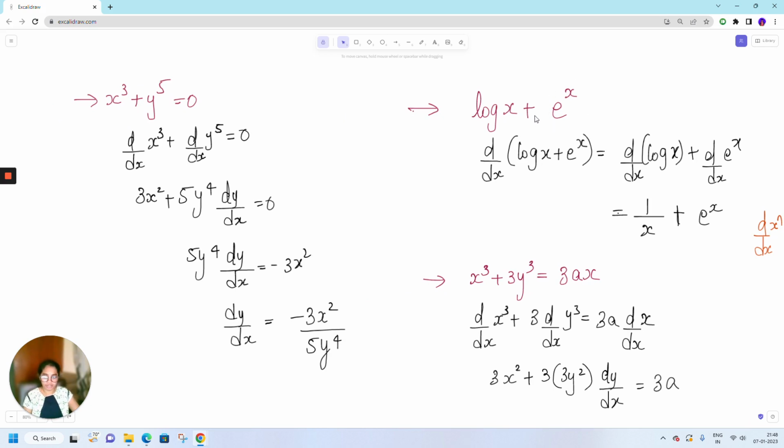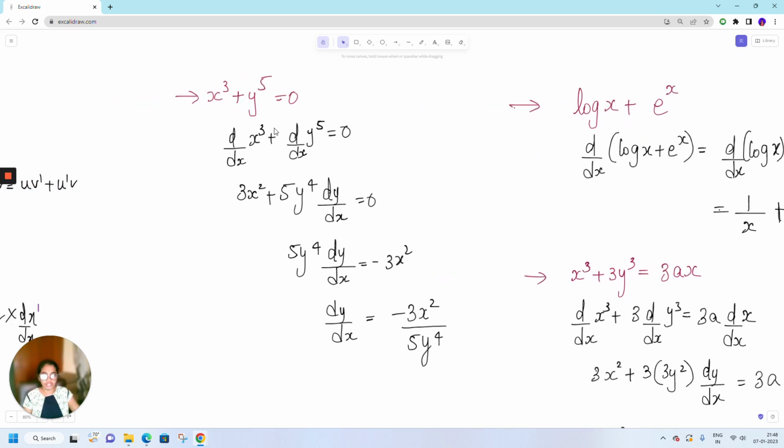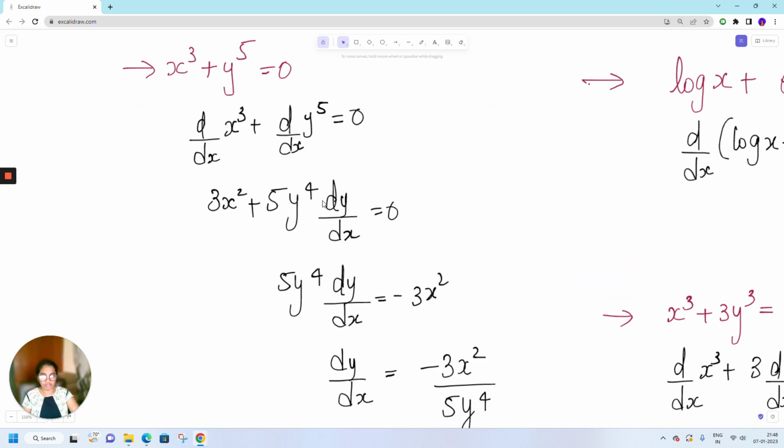Another new concept that we studied is if we are differentiating y with respect to x, first use the same formula, d/dx of x to the power n or whichever formula. For example, if they ask you to find the derivative of log y, d/dx of log y would be what?